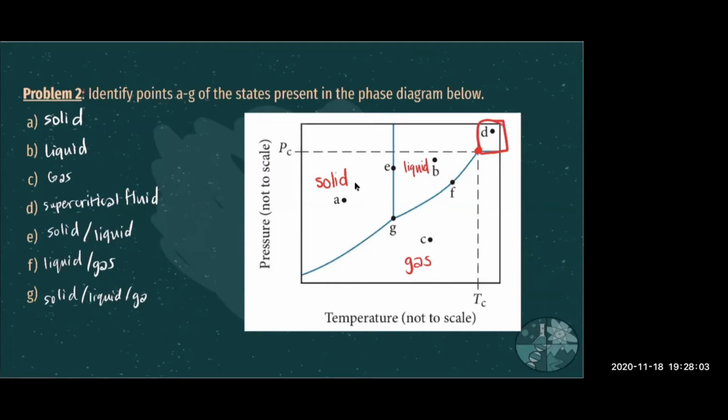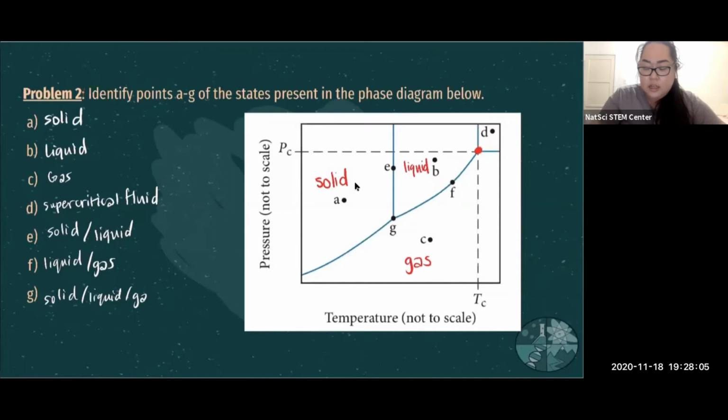What the critical point indicates is when supercritical fluid has been reached. So the range onward from here will be supercritical fluid.